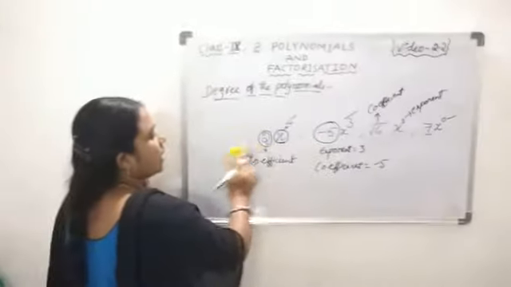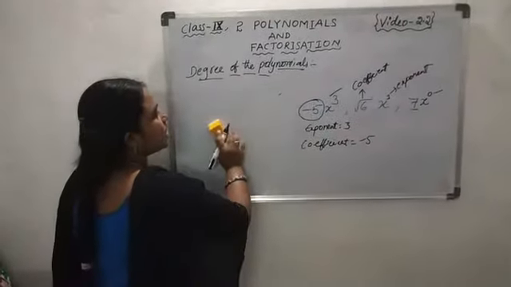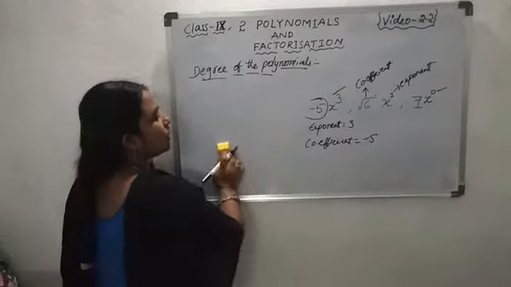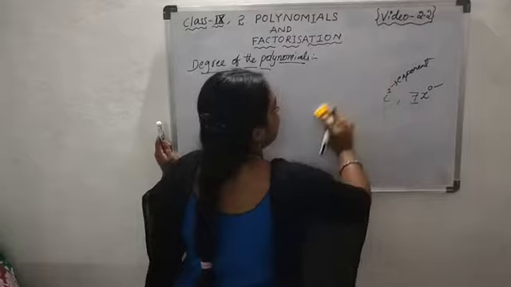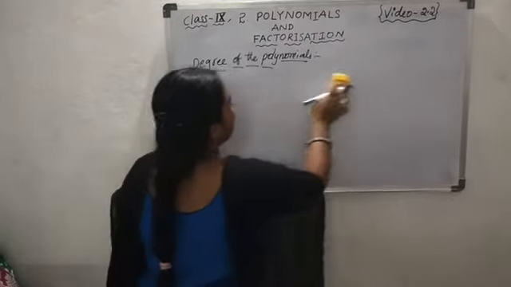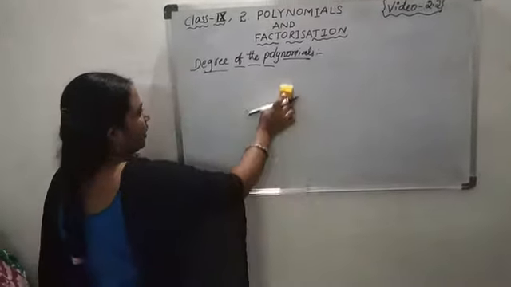Now we are going to discuss what the degree of a polynomial is. Now I would like to say what is meant by the degree of the given polynomial. Okay children?